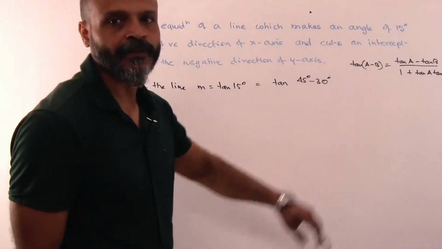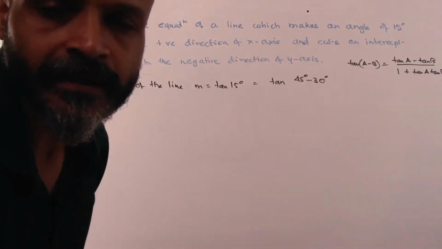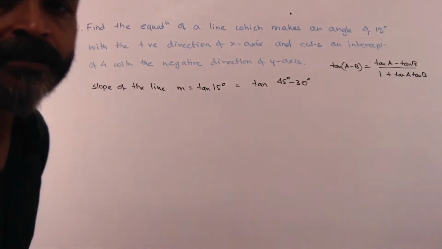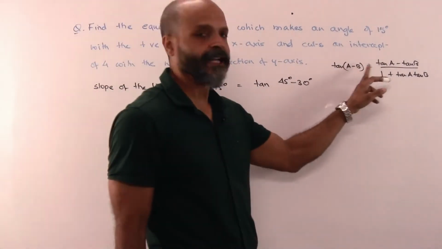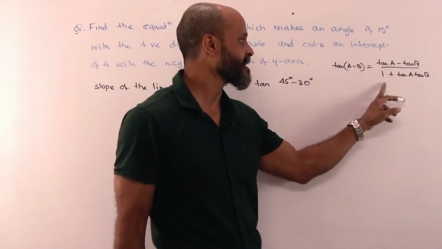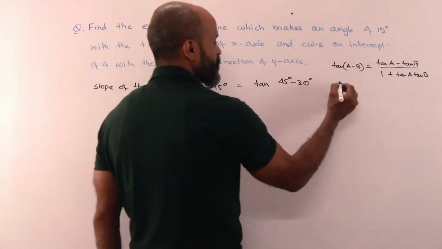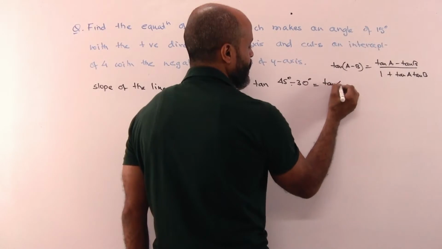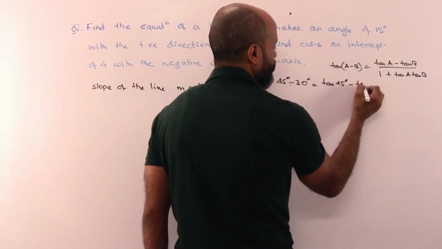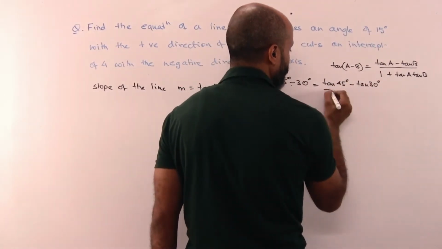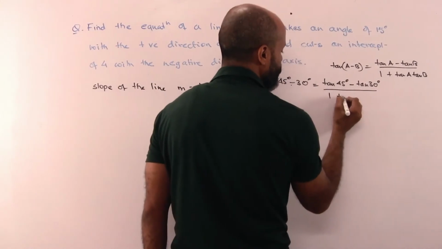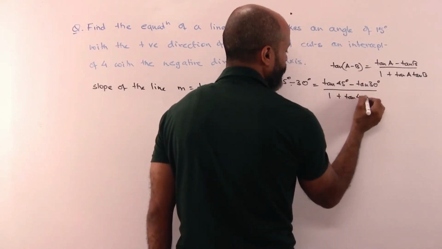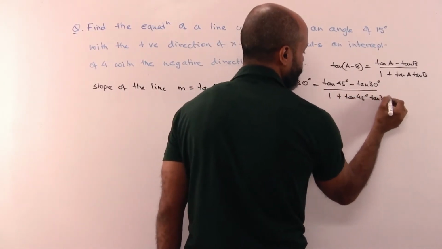So tan (A minus B) is (tan A minus tan B) upon (1 plus tan A tan B). Here we have tan (45 minus 30) as (tan 45 degrees minus tan 30 degrees) upon (1 plus tan 45 degrees tan 30 degrees).